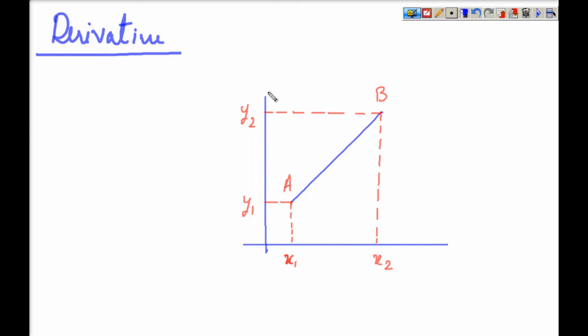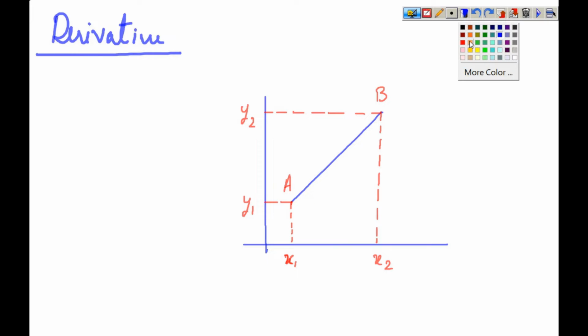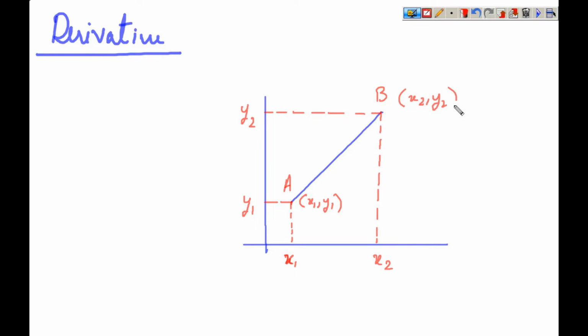So here I have made a diagram, and we can see AB is a straight line. There's a linear relationship here. So A is x1, y1, right? If I write the points, the point A is x1 and y1, and point B is x2, y2.